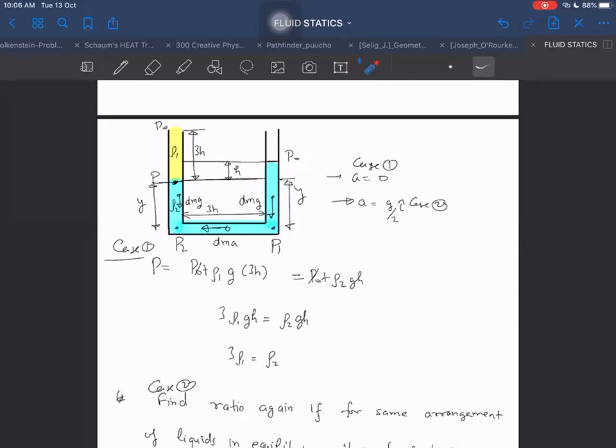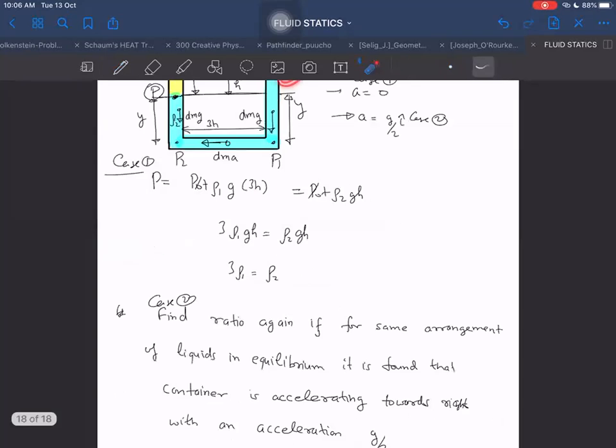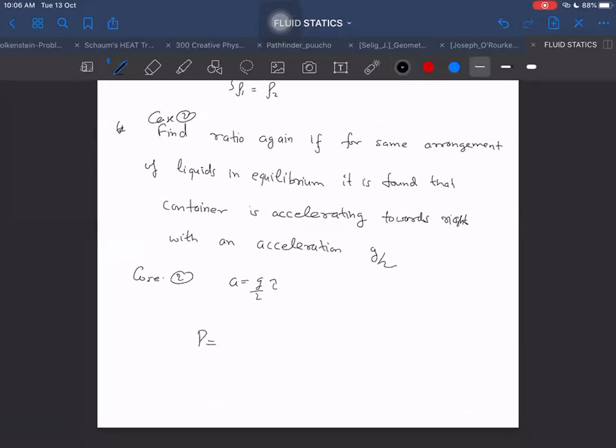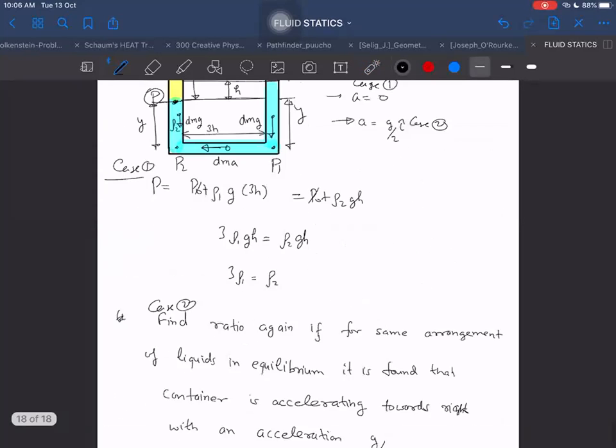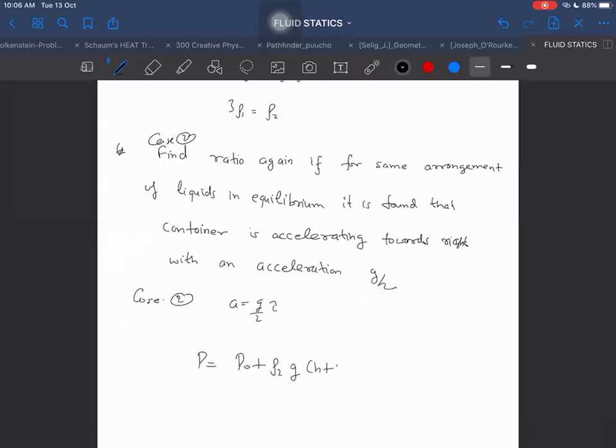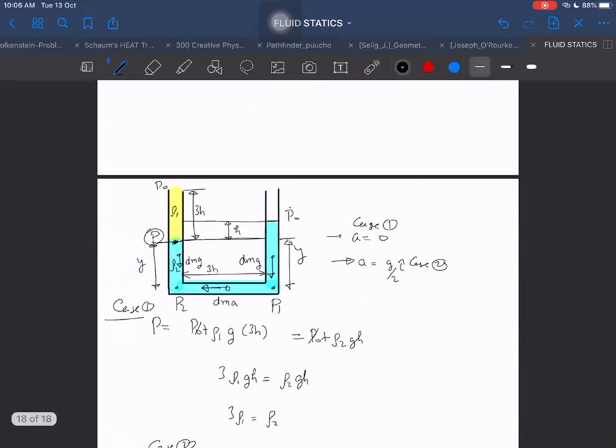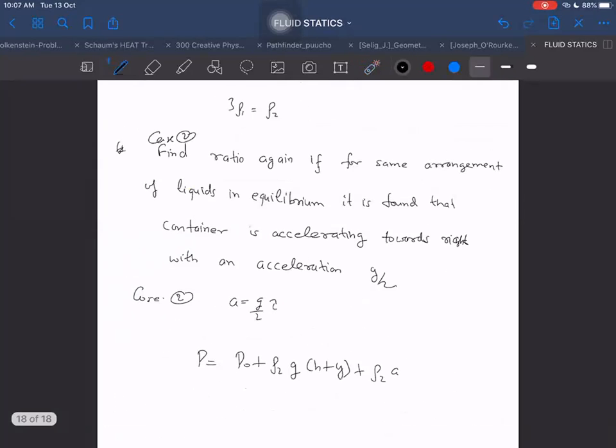Okay. Let us write the complete equation for pressure P only, starting from right hand side first. That will become P naught plus rho 2 into g into h plus y, plus rho 2 into a into 3H, minus, now why minus?